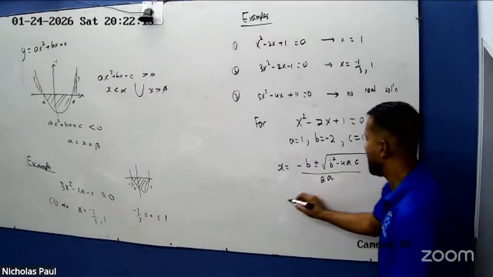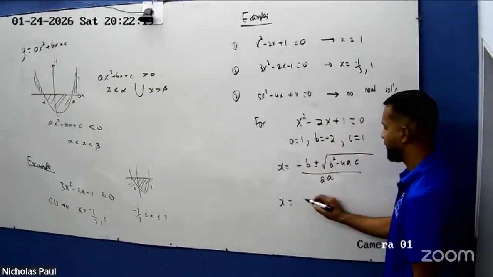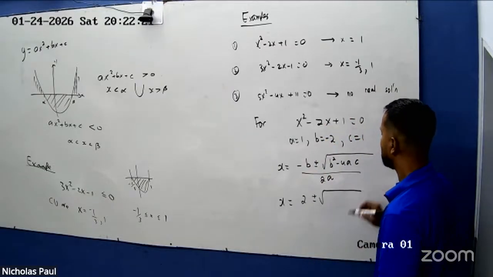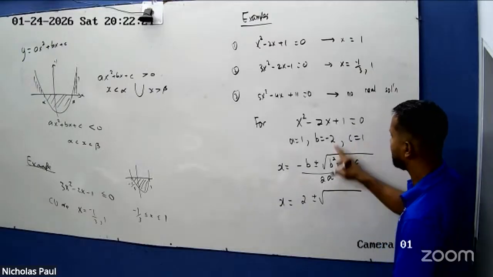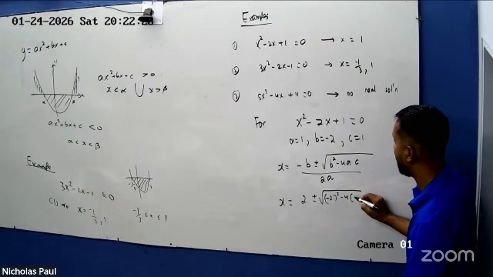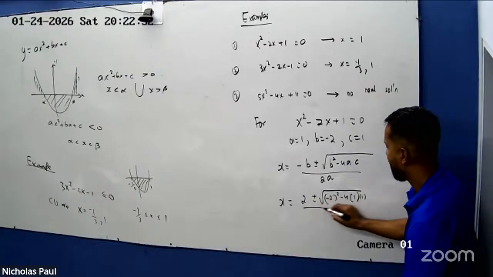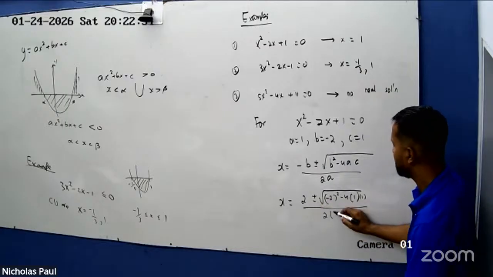If you look here, I can substitute the value minus b, that's plus 2, plus and minus the square root of minus 2 squared minus 4 times a times c, all over 2 times 1.